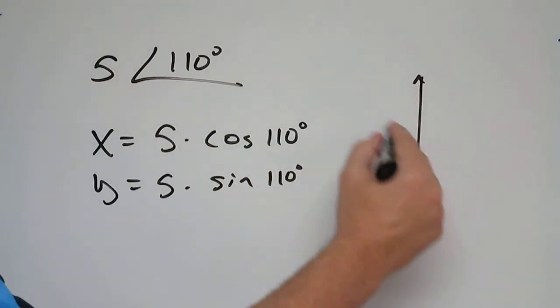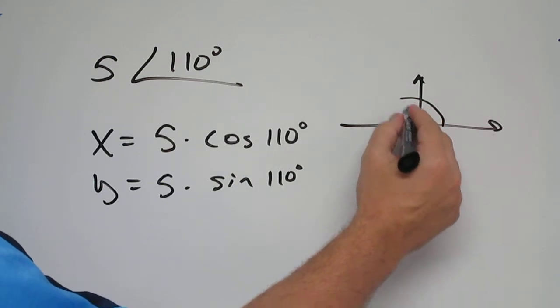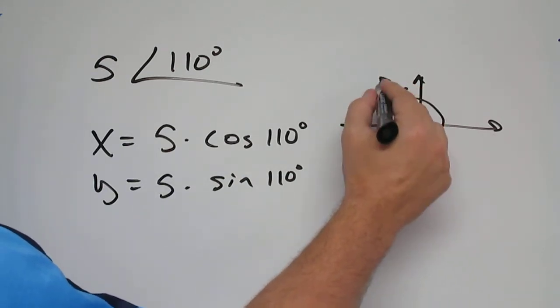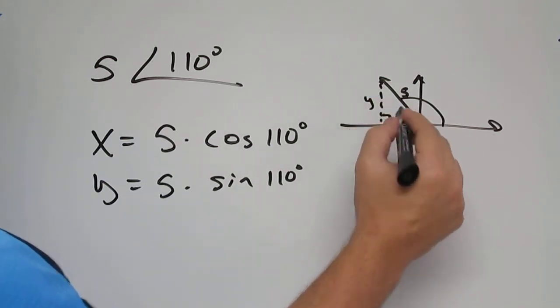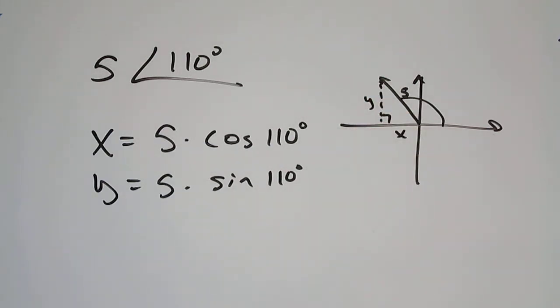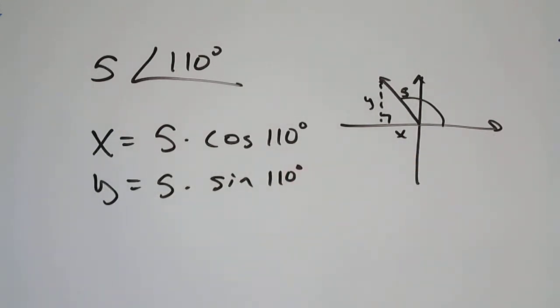That's because going 110 degrees is going like this, and going out 5. Doing it this way takes care of whether I'm going to be positive or negative.